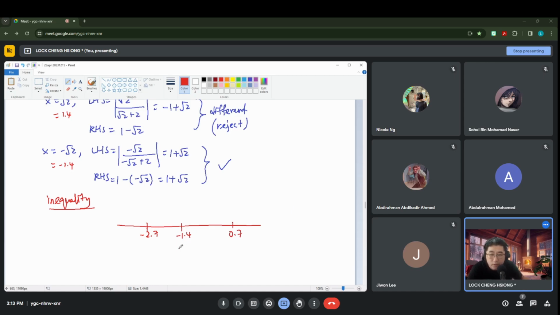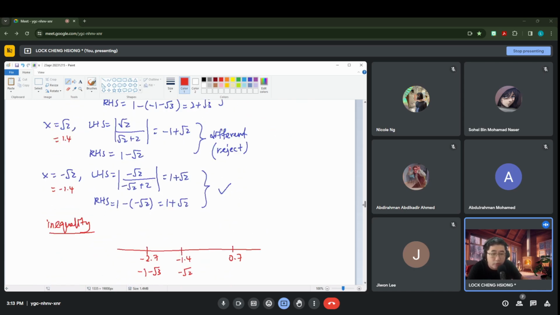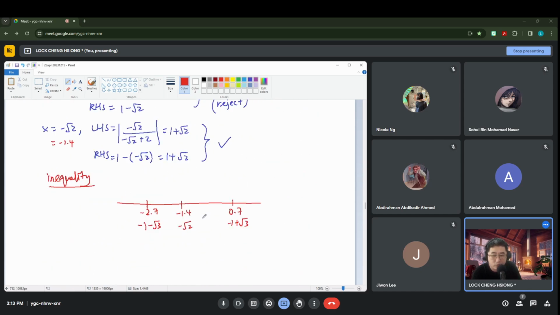That actually gives me negative square root 2, negative 1 minus square root 3, and negative 1 plus square root 3. There is another problem. The bottom cannot equal to negative 2. Add another limit where x plus 2, the bottom, cannot equal 0.